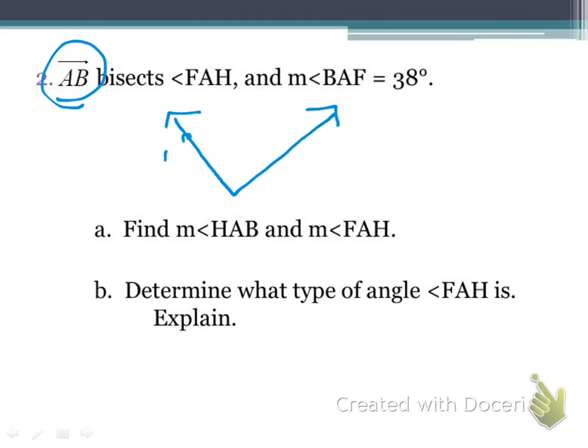I know this is angle FAH, and it has a bisector that starts at A and goes out through some point B. Since it's a bisector, I can label these angles as being congruent.